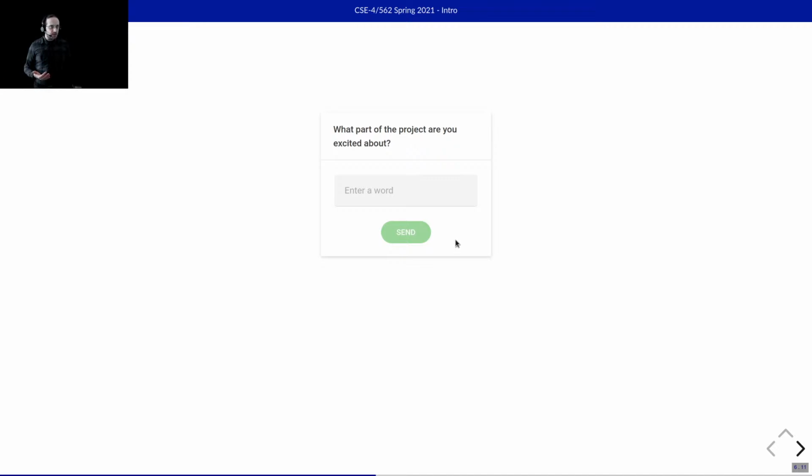This is both meant to help me tailor future editions of the class, but also to adjust my expectations, or maybe shift some of the requirements around, if there's a huge amount of interest in one particular aspect of the project.